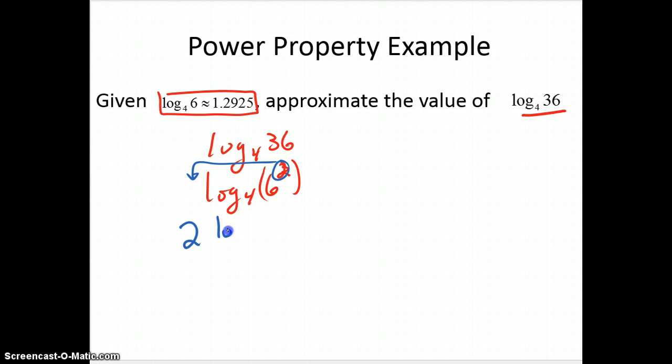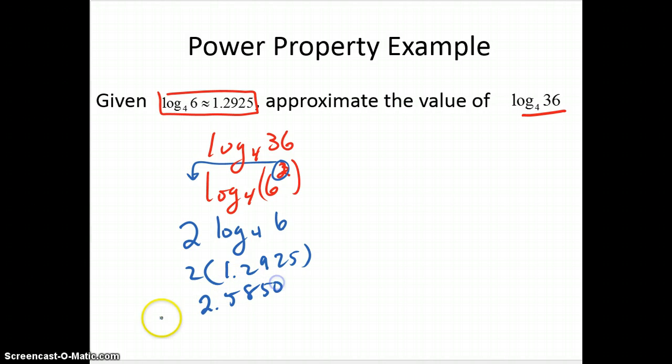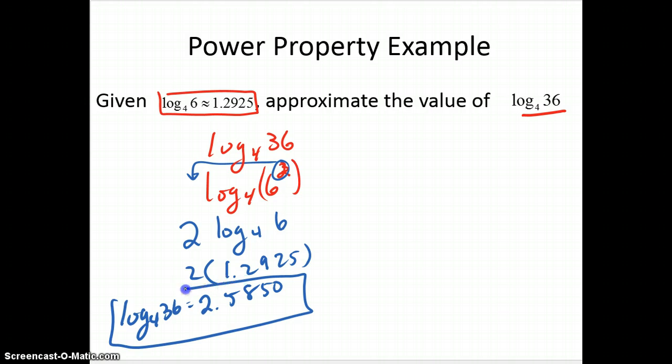So it's going to be 2 log base 4 of 6. We know log base 4 of 6 is 1.2925, and it's 2 times that. So when I do that multiplication, you end up with 2.5850. And again, I'm going to say log base 4 of 36 equals that.